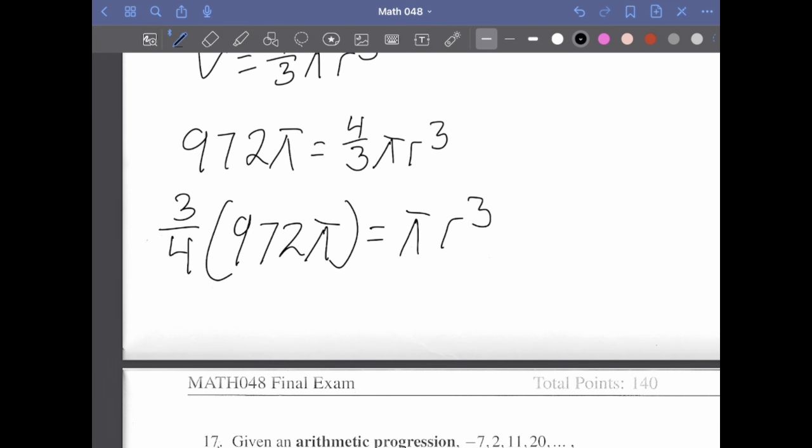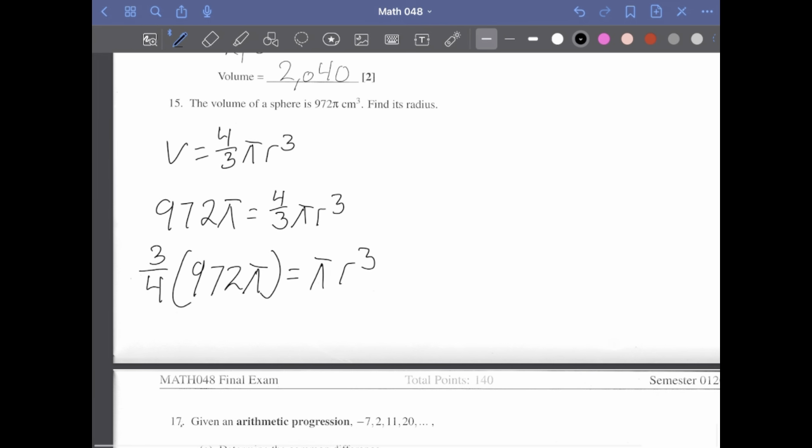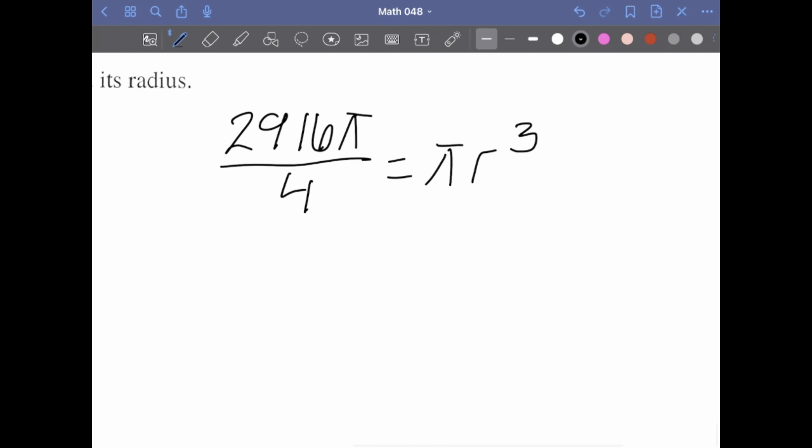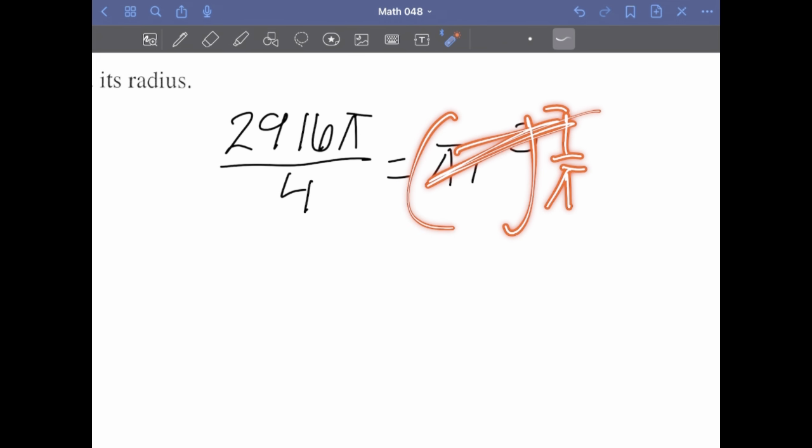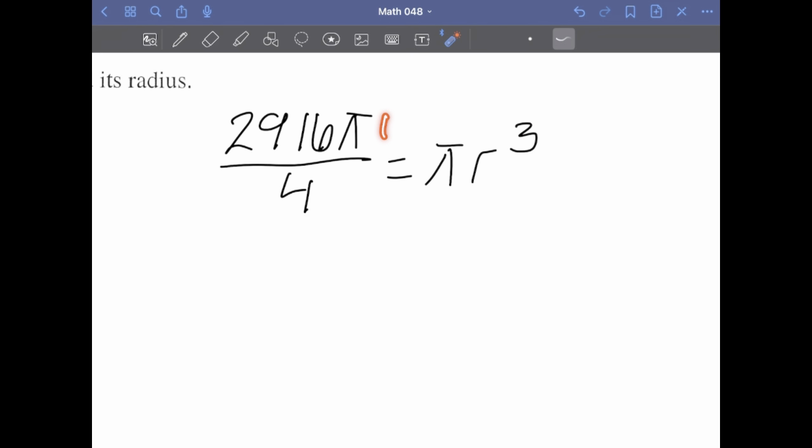So 972 times 3 would be 2,916 pi divided by 4 is equal to pi r cubed. Now we're going to multiply both sides by 1 over pi, because when we do that, the pi's become 1 on this side, and on the other side it divides out, so you wouldn't have any pi left over.